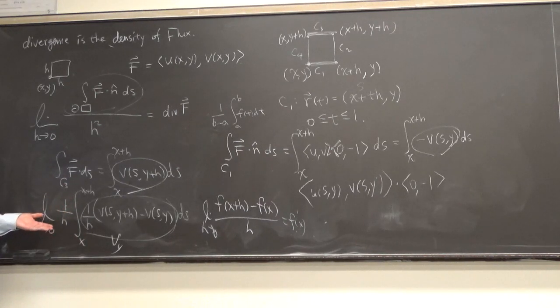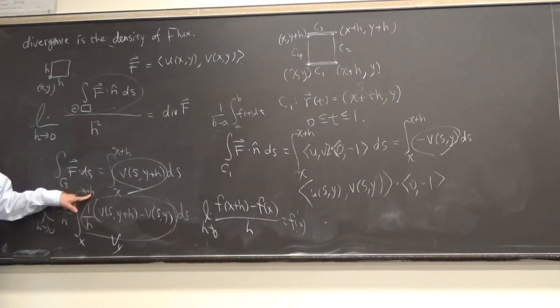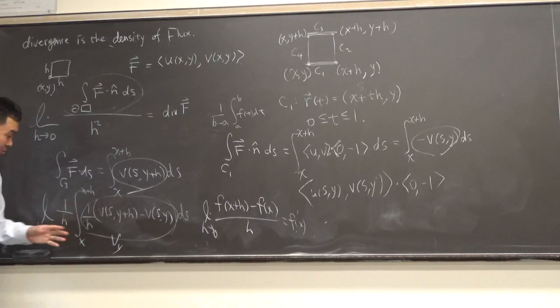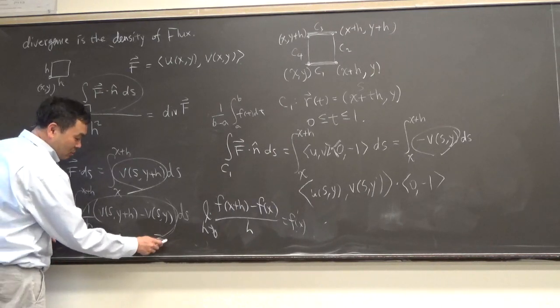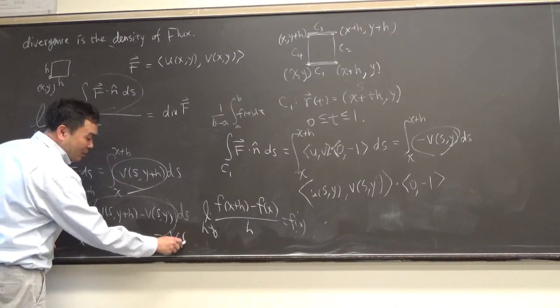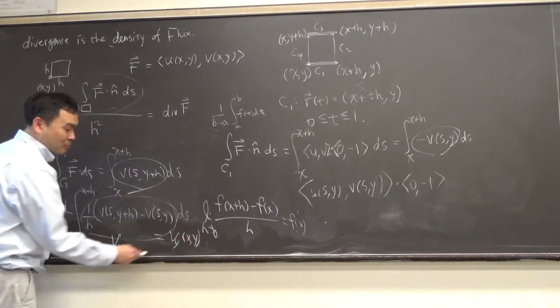So what does that give you? It's the average over a point. It's just v evaluated at x. If you send h to 0, you're taking the average of this quantity over x. So what does this limit give you? It gives you v differentiated by y, and you plug in x and y.